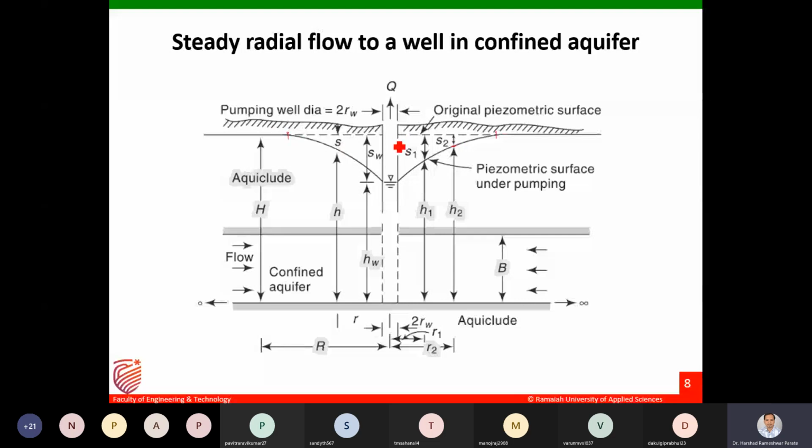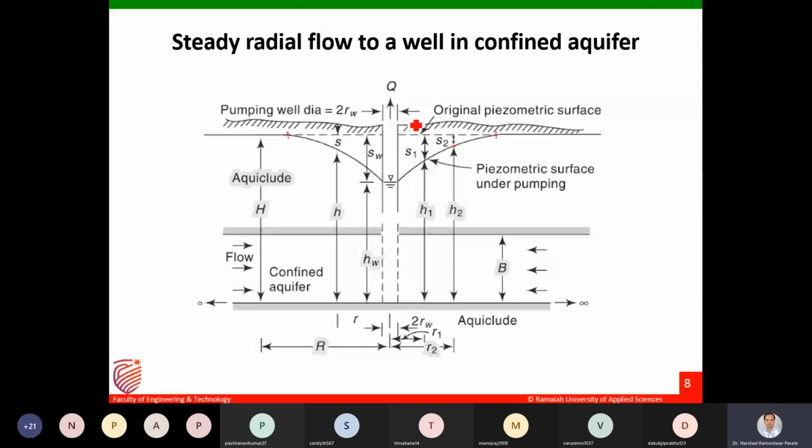So when the pumping starts, this much diameter around the well will have the effect. Or you can say, if you are measuring from the center, this much radius is going to be influenced. We also call it the radius of influence.